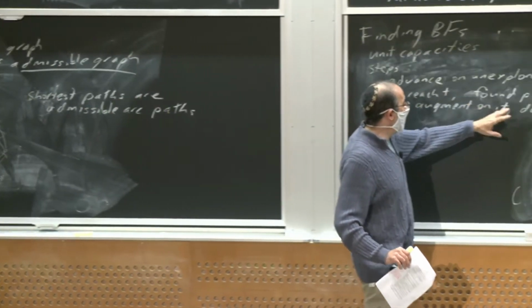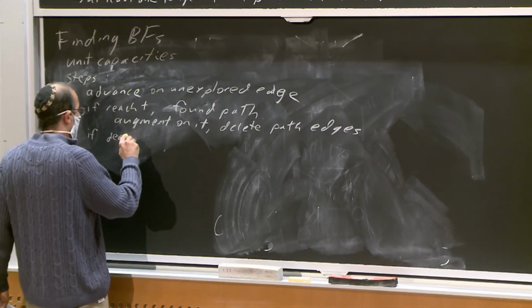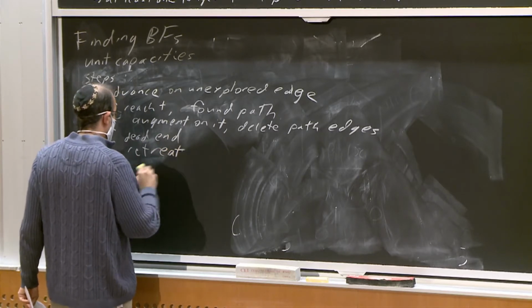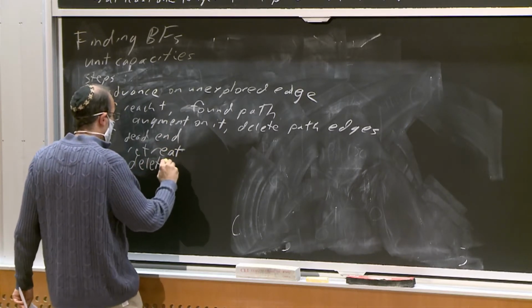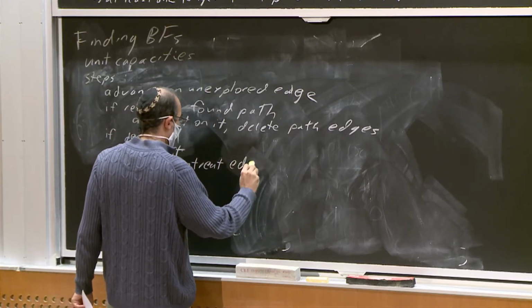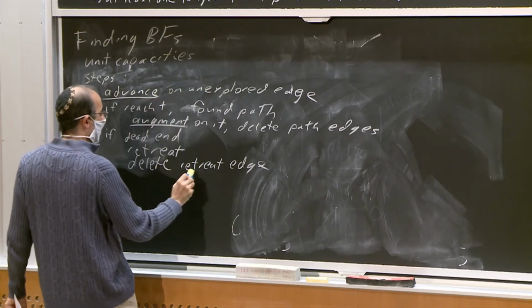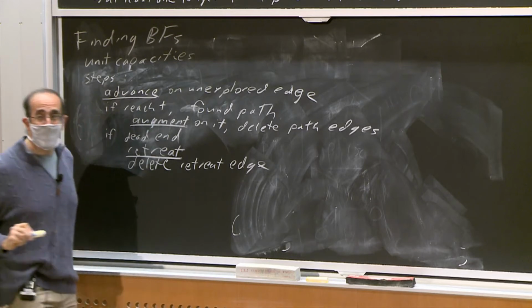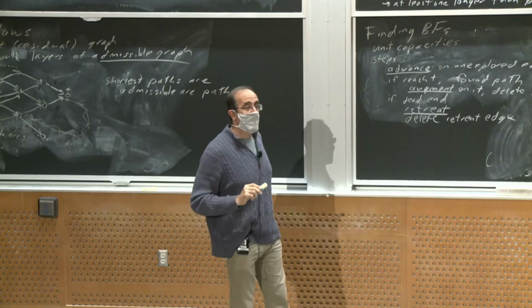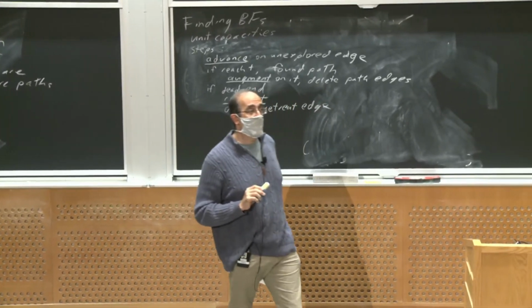Okay, so if we reach T, we augment and we delete the path edges. If we hit a dead end, then we can retreat. And we can burn our bridges behind us. We can delete the retreating edge. So the steps are to advance, to augment, and to retreat. And you put those together and you get a blocking flow algorithm. Yes? So to delete the path edges, it is only for the unit capacity case, right?